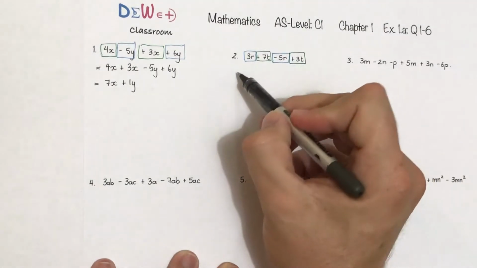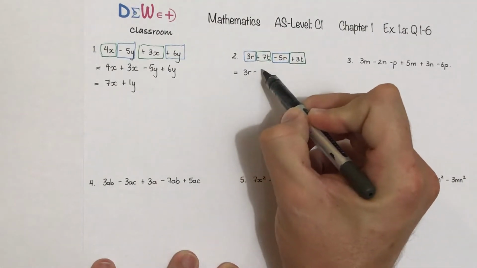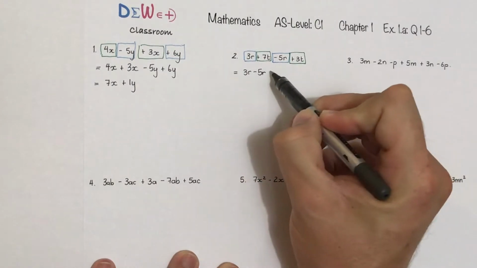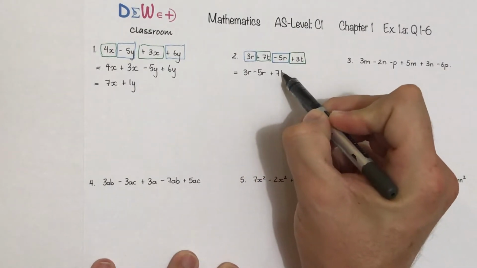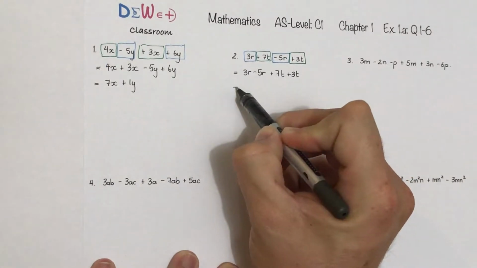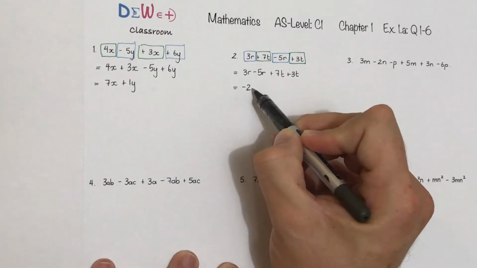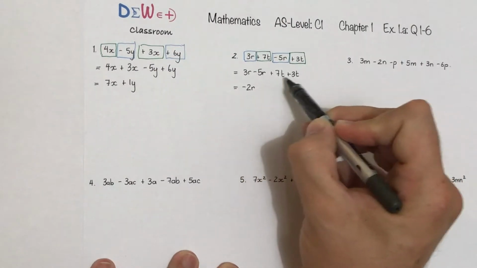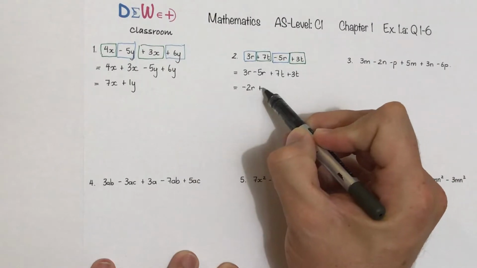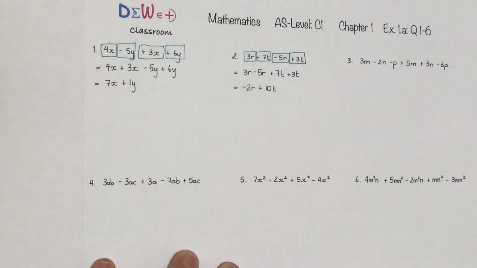Now we simply write them next to each other like the textbook states. 3r minus 5r plus 7t plus 3t. We add our coefficients, so it's 3 minus 5, which gives you minus 2r, plus 7 plus 3 is plus 10t. And that's question number 2.